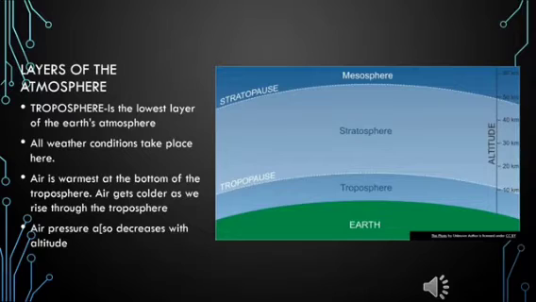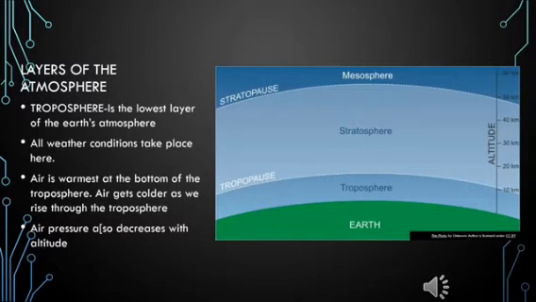Now here you just have to understand that we live in the troposphere, the lowest layer of the atmosphere. The next layer is the stratosphere, and the topmost layer of the stratosphere has the ozone layer. This ozone layer protects us from the ultraviolet radiations that come from the sun.